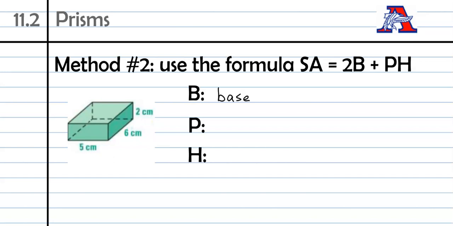Okay, P stands for the perimeter of the base. So you just choose one of your bases and find the perimeter of it, and that's your P. And then H stands for height. I personally don't love that it's called the height, because if your bases are not on the top and bottom, then it gets a little confusing about where the height is.